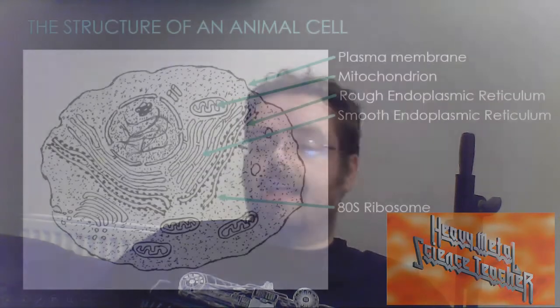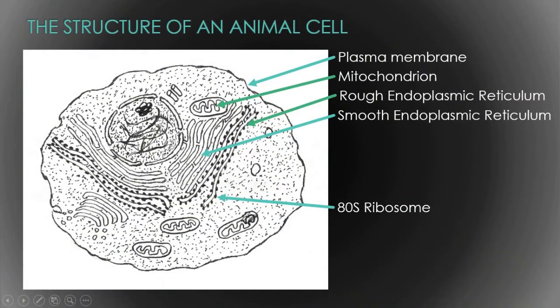Proteins, lipids, hormones, all made inside the endoplasmic reticulum, either rough or smooth. So how do they get out of the cell into your bloodstream? The answer lies right here in the Golgi apparatus.